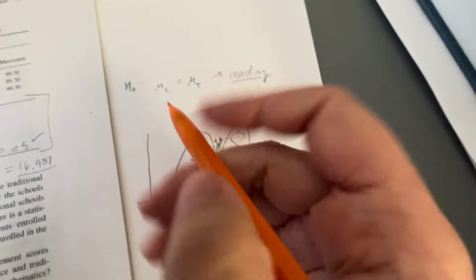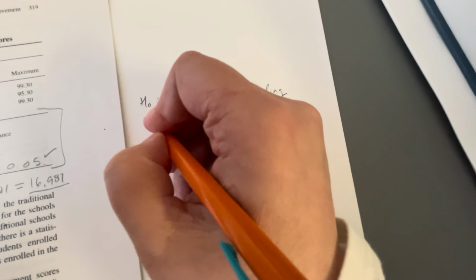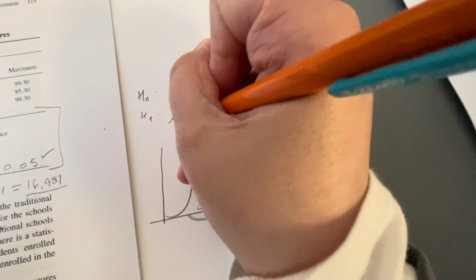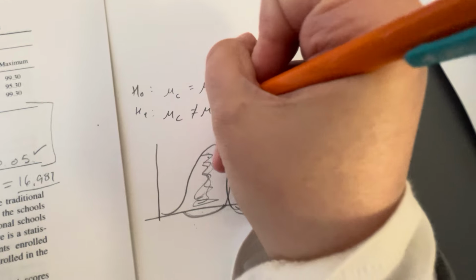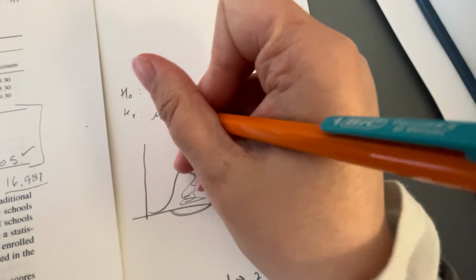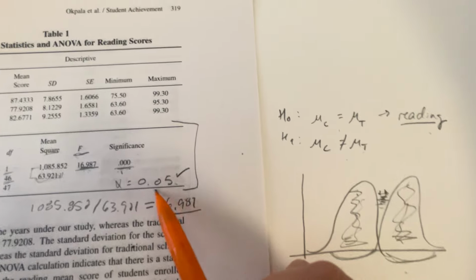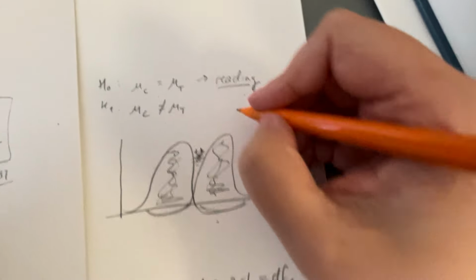So back to our null hypothesis. Our alternative hypothesis here is that the average for these two groups is not the same. We see a significant difference between these two averages. And because this is a significant test, we reject the null.